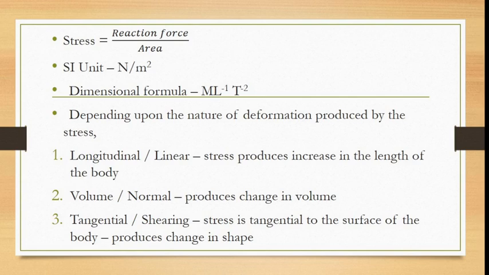If the stress produces an increase in the length of the body, then that stress is known as longitudinal or linear stress. If it produces a change in the volume of the body, then it is known as volume stress or normal stress.